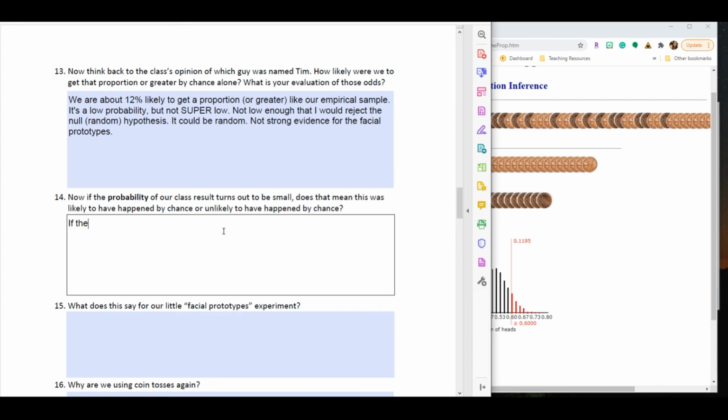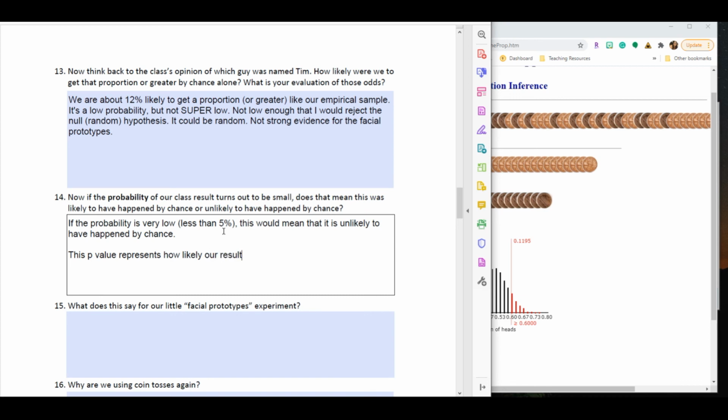So if the probability is very low, and I would say less than 5% is usually the cutoff that we use, this would mean that it is unlikely to have happened by chance, right? This p-value is what we're looking at.